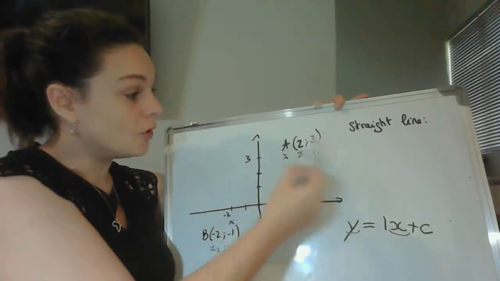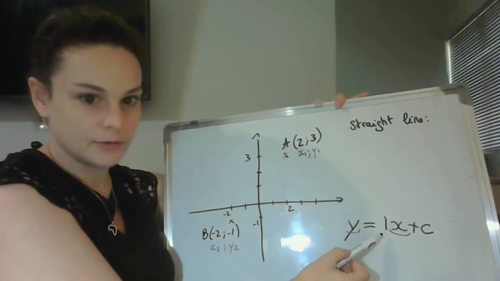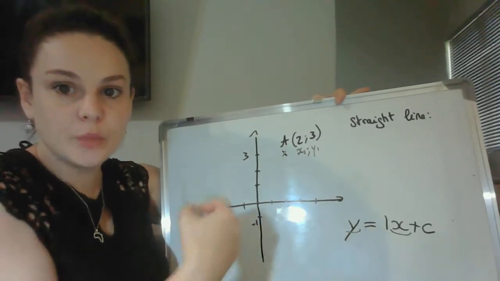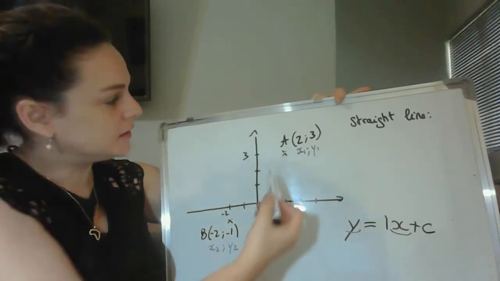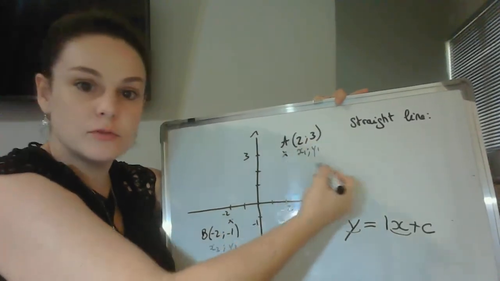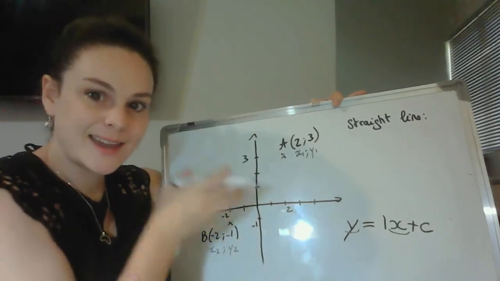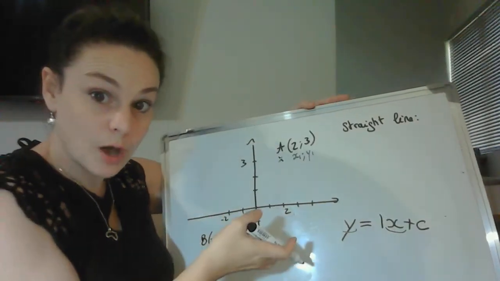So I can choose either A and use the x and the y of A, or B and use the x and the y of B. Here, because I've got the choice, I'm going to take the one that is positive, to avoid sign mistakes maybe. But you can take any of those two, up to you.